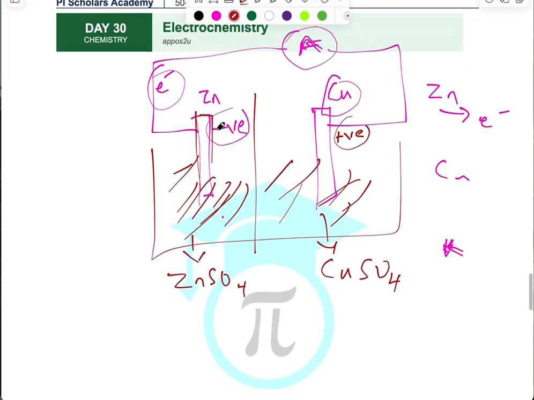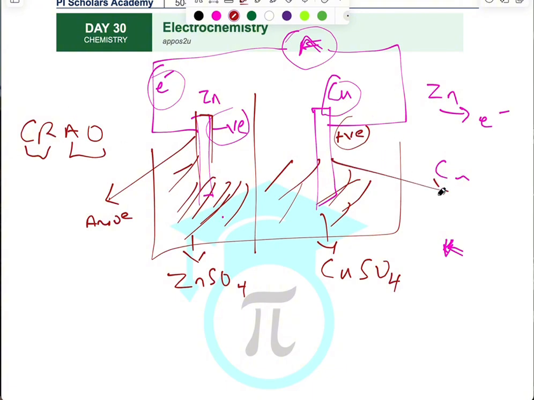From what you understand, there is this thing called CROW, which I've explained earlier in the class. At the cathode, reduction takes place. At the anode, oxidation takes place. So which one will be our anode here? Which one will be our cathode? From this place, there is loss of electrons, and I told you that once there is loss of electrons, there is oxidation. So this zinc will be the anode. And when there is gain of electrons, there is reduction, so this copper is going to be our cathode.